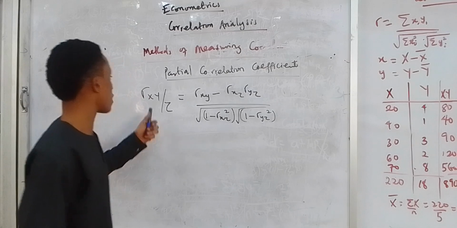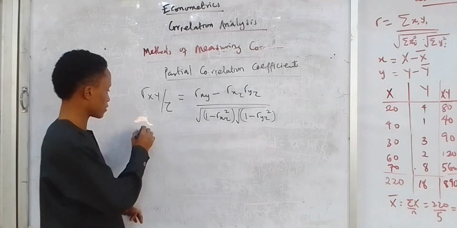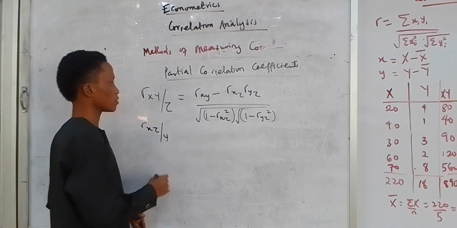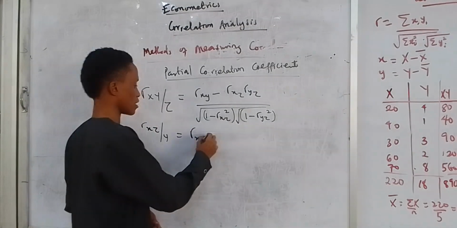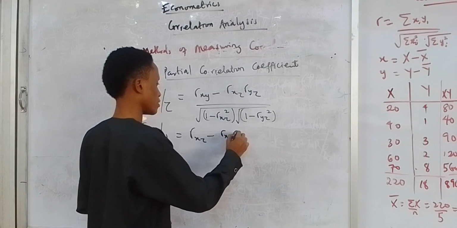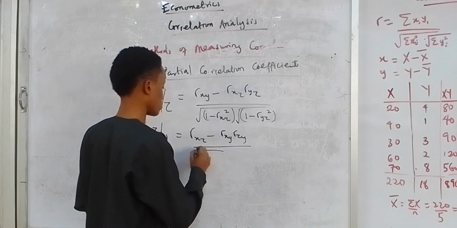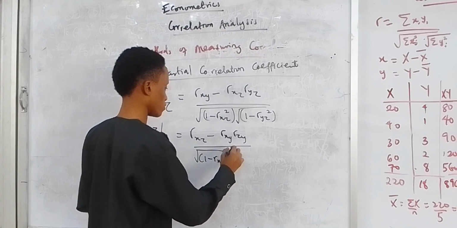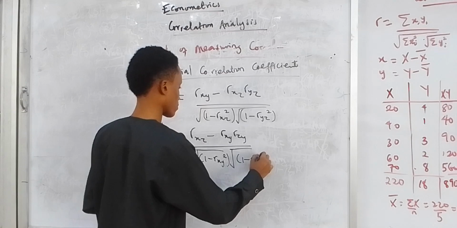If you are holding, let's say, y constant, for x, y, z holding y constant, the formula will be rxz minus rxy rzy, over the square root of 1 minus rxy raised to power 2, the square root of 1 minus rzy raised to power 2.